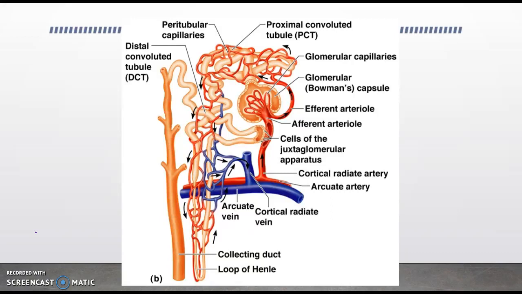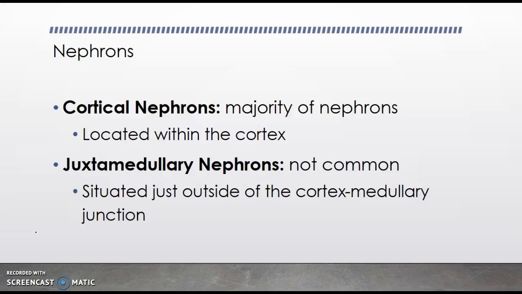We just talked all about how urine travels through the nephron and how we filter out things from the blood that we don't want to create the urine. So it's important to know that there's two types of nephrons, and they're basically just where they're located.